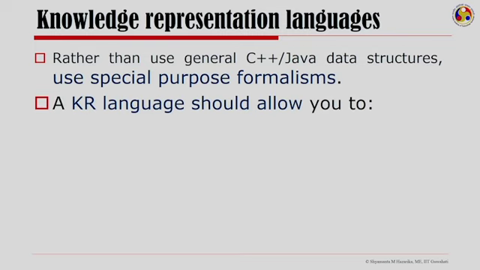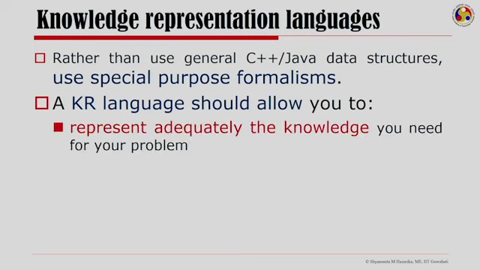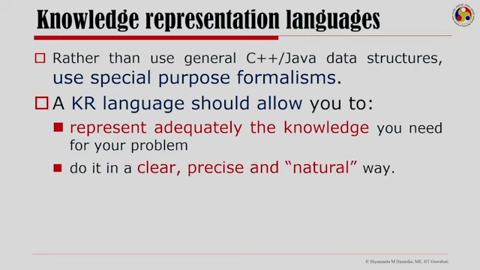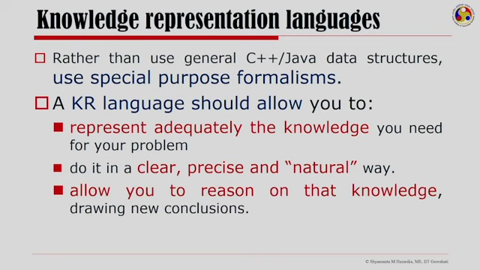A knowledge representation language should, one, allow one to represent adequately the knowledge you need for the problem, two, do it in a clear, precise and natural way, and three, allow you to reason on that knowledge, drawing new conclusions. We will look at each of them one by one.